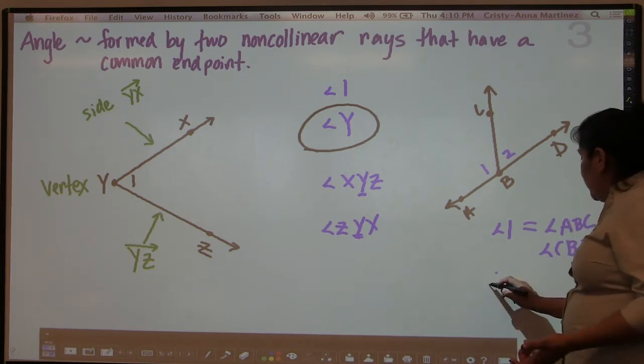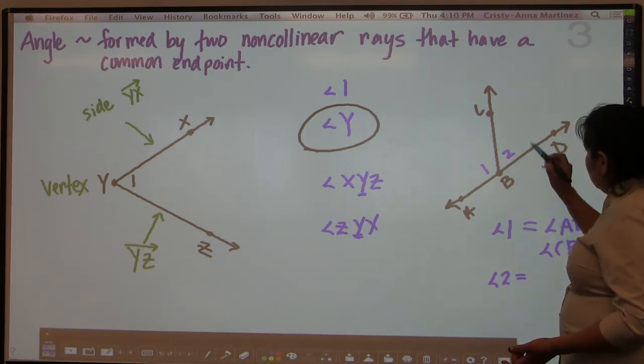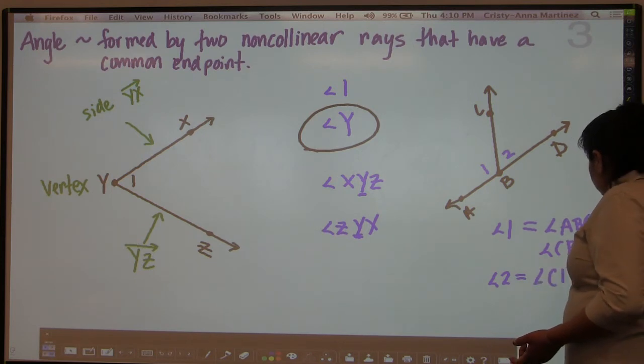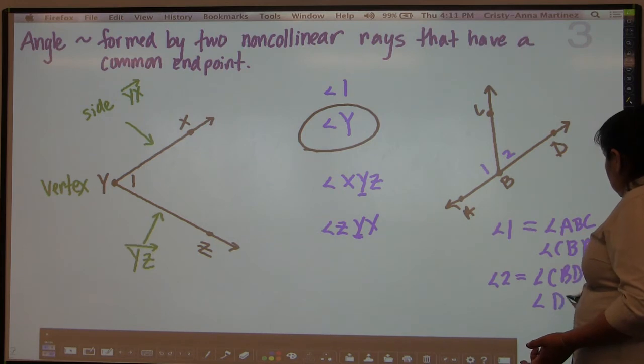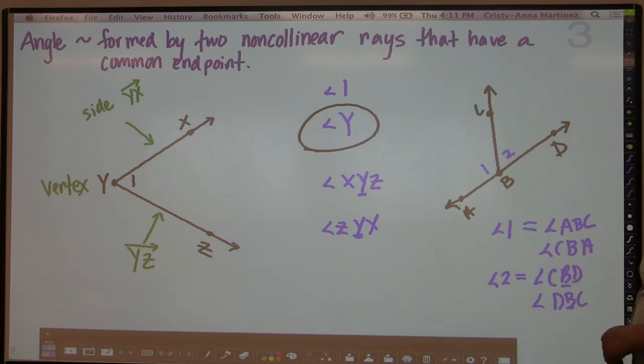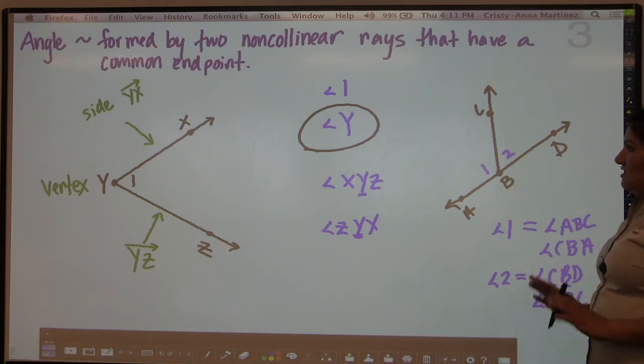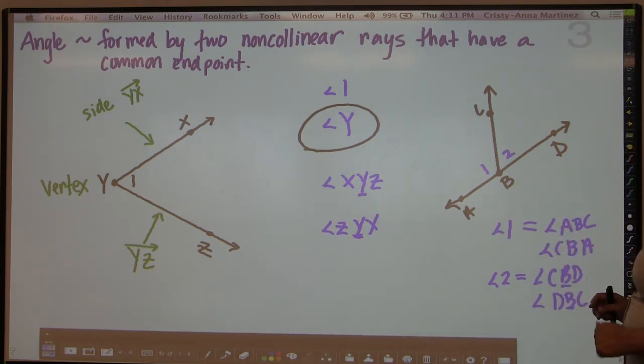And then likewise for angle 2, you could name it CBD, or you can name it angle DBC. Again, the vertex letter being in the middle. So just so that you're aware, it's very important that you know how to name angles correctly, using the 3 letters and also using 1 letter when it's appropriate.